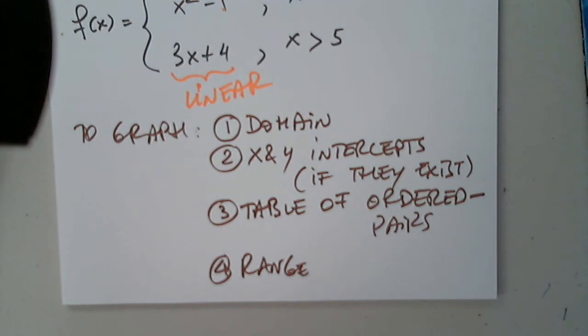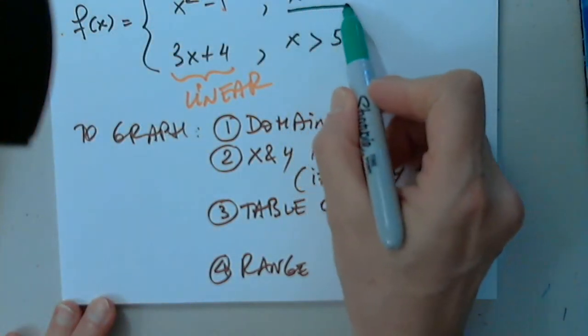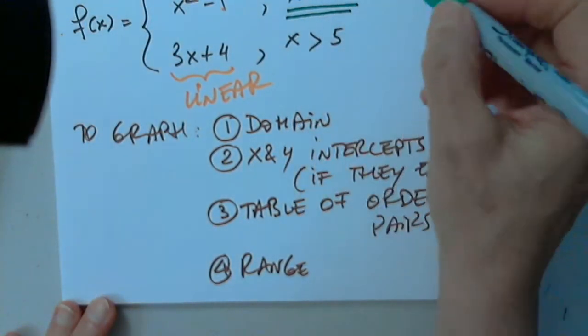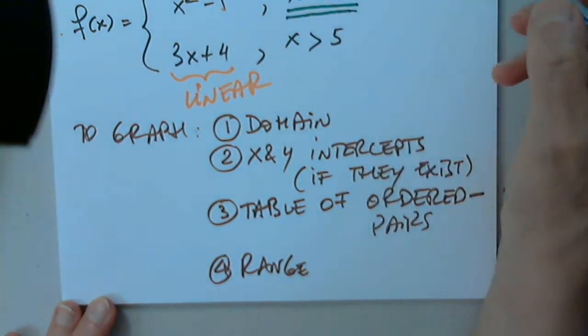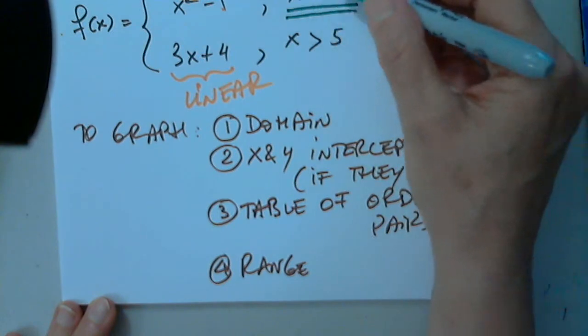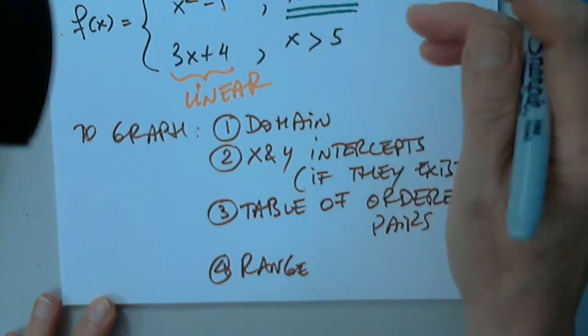Now, let's go back to the function and identify the interval. There is an interval here. Can anyone tell us what interval this is, and how do I write the interval notation for this?